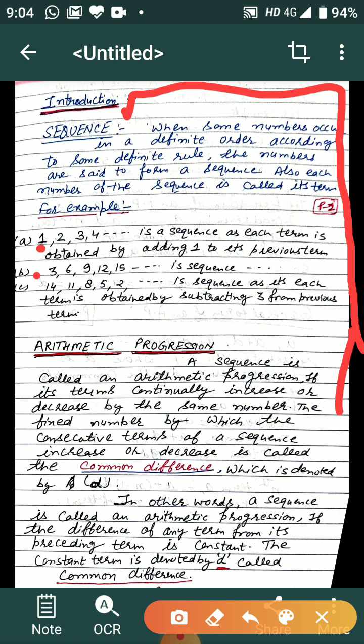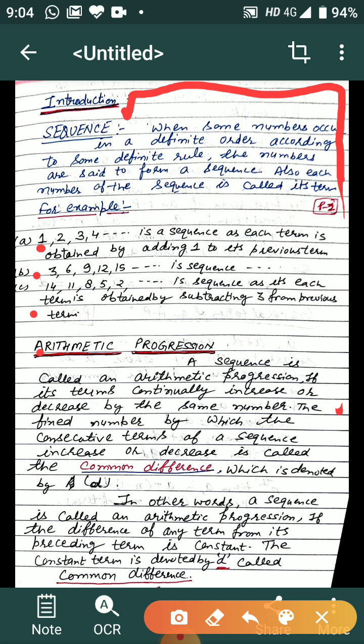In the third example I have taken a decreasing order sequence, 14, 11, 8, 5, 2, which is a sequence because we are subtracting 3 from each term. So take it very carefully, this is what a sequence is.